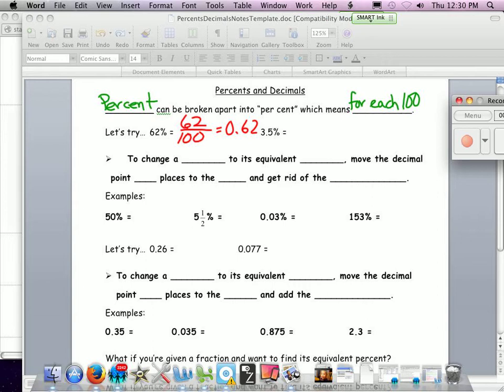The next one is a little bit different though. If I have 3.5%, that is 3.5 per 100. I can't say 3.5 hundredths and put that into a decimal.